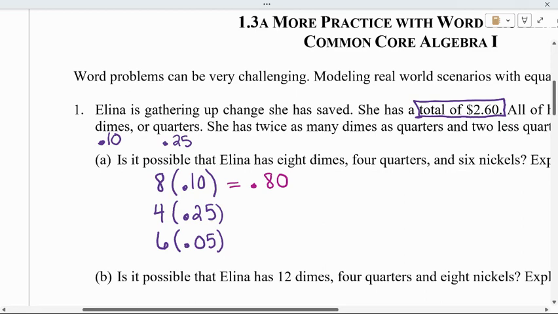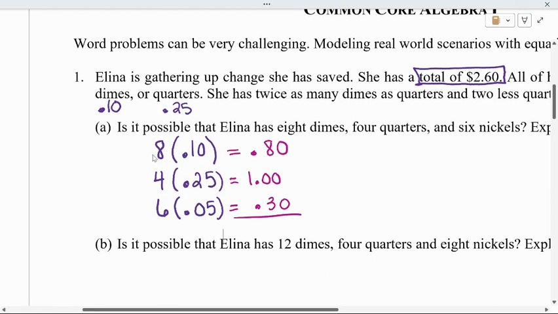Okay. How much money is 4 quarters worth? $1. And how much money is 6 nickels worth? 30 cents. If I add this all together, what is my total money? What is it? $2.10. How much money does it say she has?